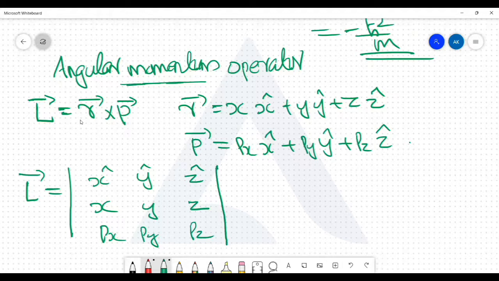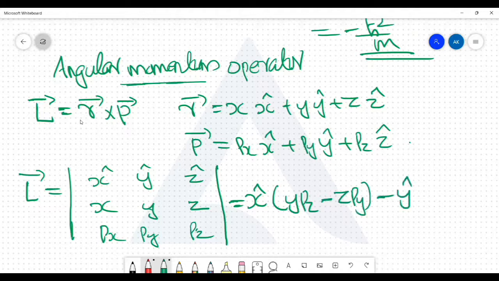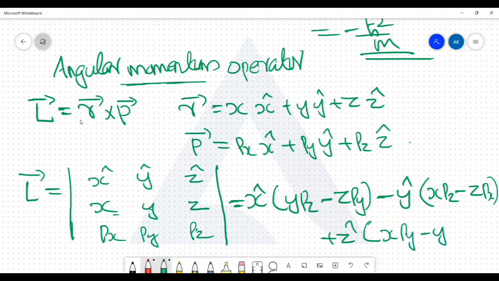The cross product of two vectors is defined like this. This will be x-cap into (y pz minus z py) minus y-cap into (x pz minus z px) plus z-cap into (x py minus y px).